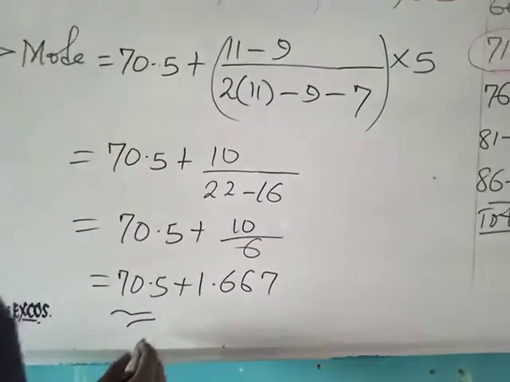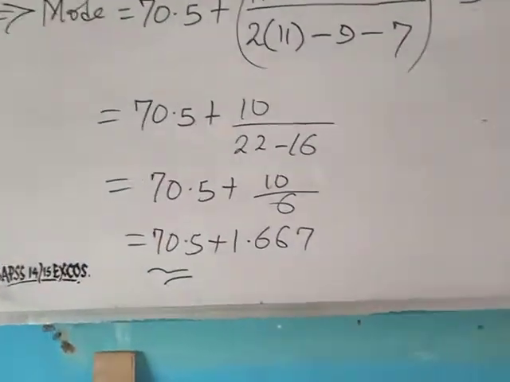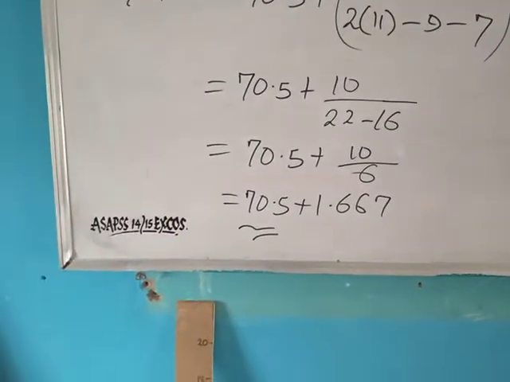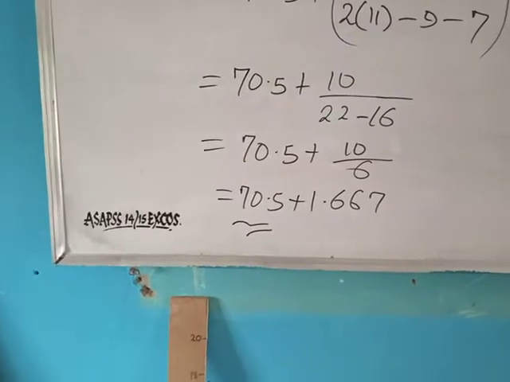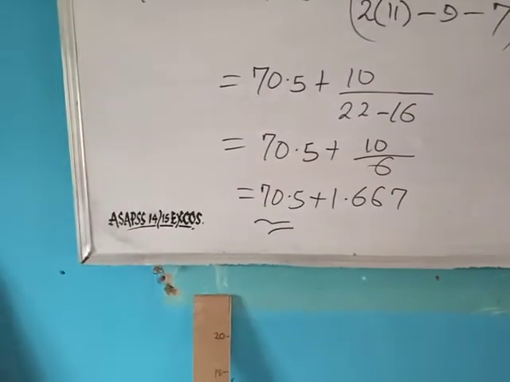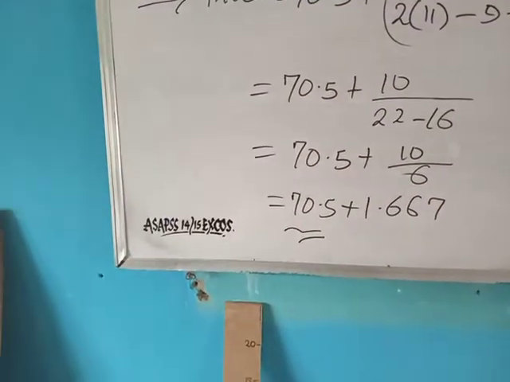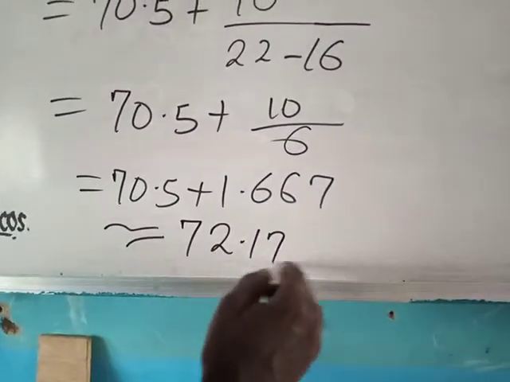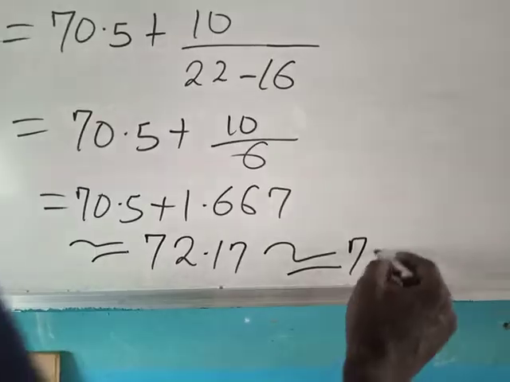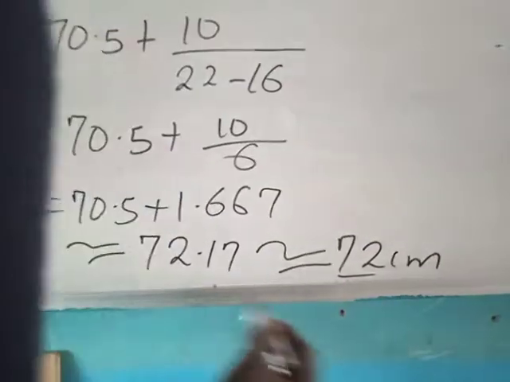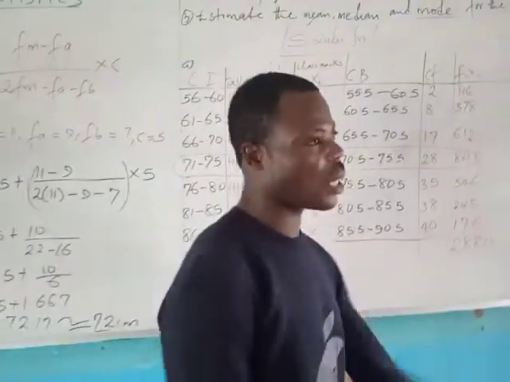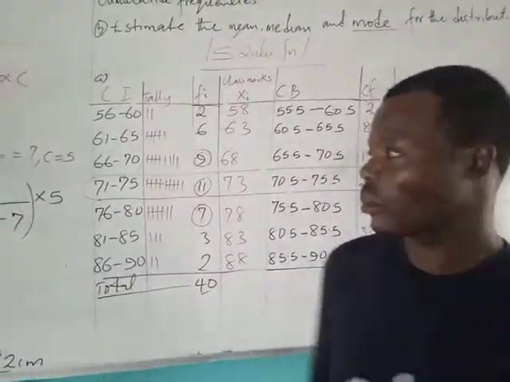So when you add it to 70.5, we are going to have 72.17. So we can approximate it to 72 centimeters. So this is how to calculate the mean, mode, and median of any given distribution.